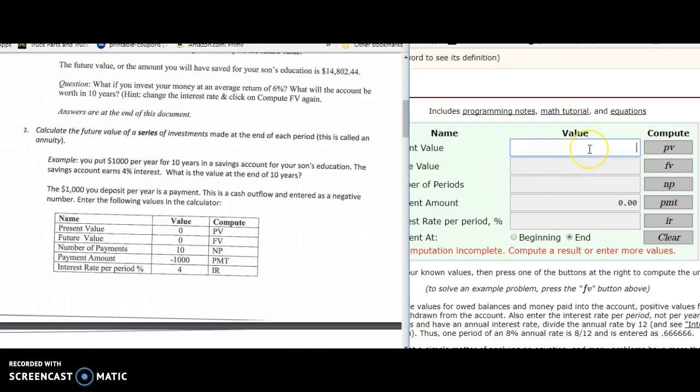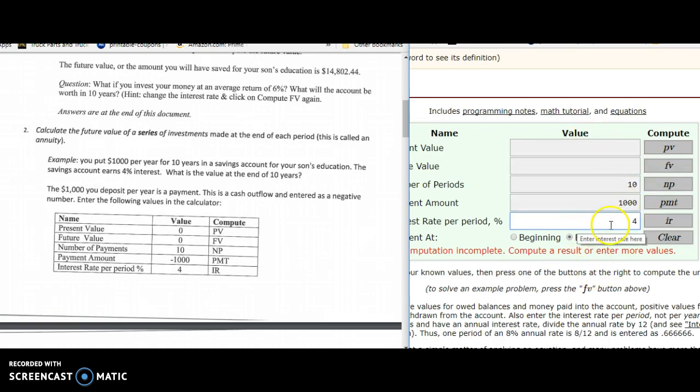So we really don't have a present value, okay? So what we have is you're going to be making payments, because one payment of 1,000 per year, okay? And the number of years is 10, and the interest rate is 4, because this is all yearly.